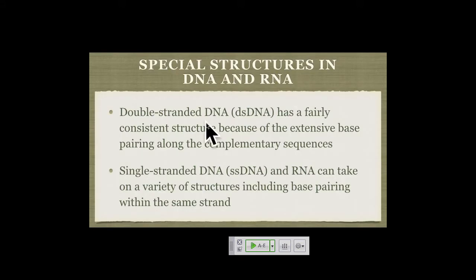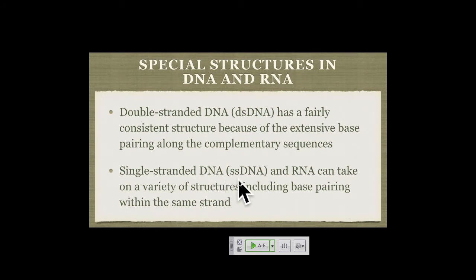Okay, so special structures. The double-stranded DNA, that's where it gets a little confusing. So the double-stranded DNA, pretty straightforward. It's got a lot of constraints on it because of the complementarity and the double helix. So there's not a lot thought to be important in the three-dimensional structure. But single-stranded DNA, and that's what this little SS indicates.